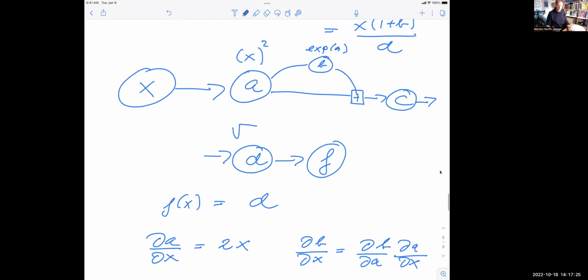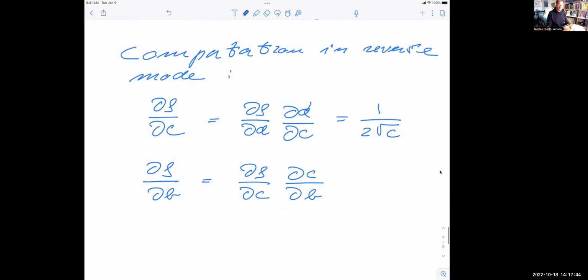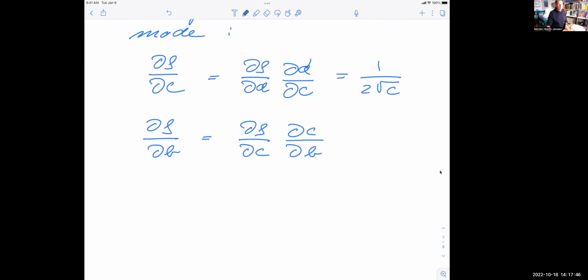If you draw a graph here, you could think of f as your output, d is your output layer, c is the layer before, and then b and a are intermediate layers, which conspire to the value c, which then gives the value of d when you take the square root. And then you have x as the input layer. So this kind of calculating derivatives is essentially the same philosophy as we apply when we do the backpropagation algorithm. Reverse mode in automatic differentiation is the same as the backpropagation algorithm.